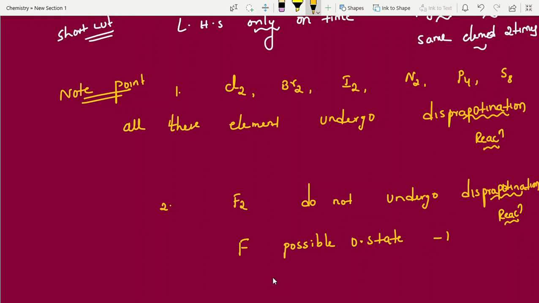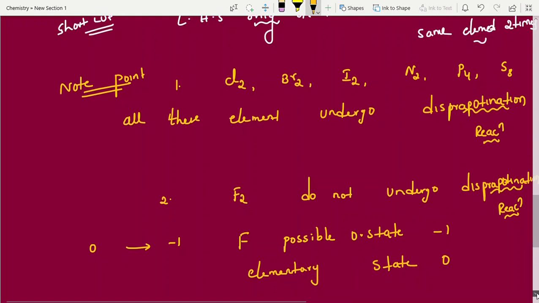But in the elementary state, it is 0. Suppose it undergoes 0 to -1. What happens here? Reduction. But oxidation means definitely 0 to +1 or 0 to +2, like that. But it is not possible. Reduction is possible, but where is oxidation? Oxidation is not possible. That is the reason fluorine does not undergo disproportionation reaction. Is it clear? This is one of the most important, repeatedly asked questions. Okay, clear students?